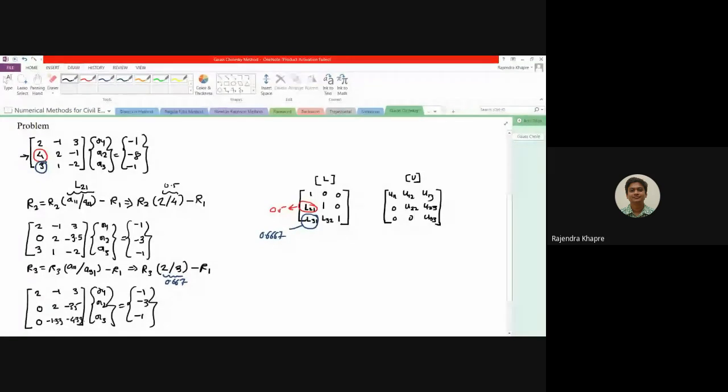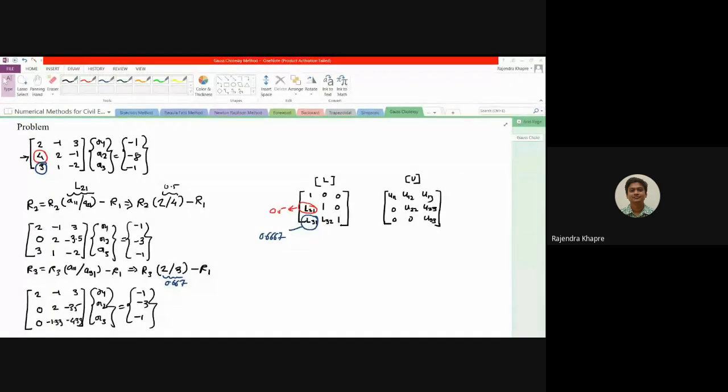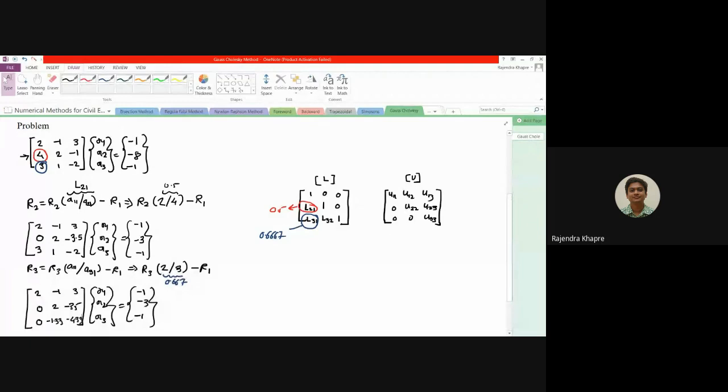Someone please cross check. Online students, offline students, please cross check. That L32 should be 1.67. It's 2 by 3 plus 1. तो कितना आ रहा फाइनल आंसर बताओ ना. 1.67. ये वाला.